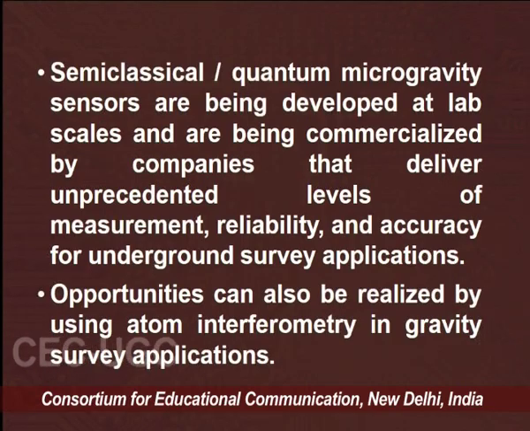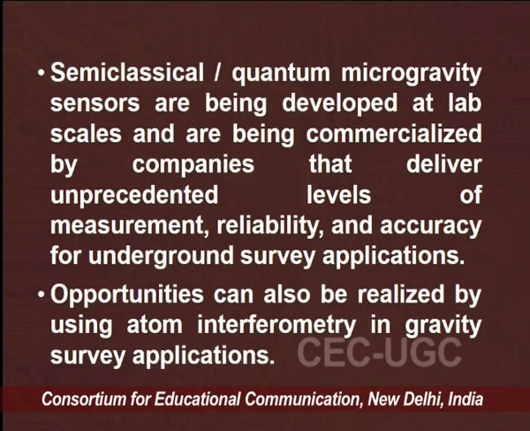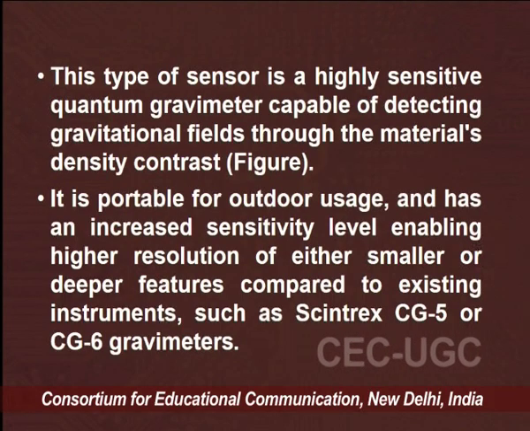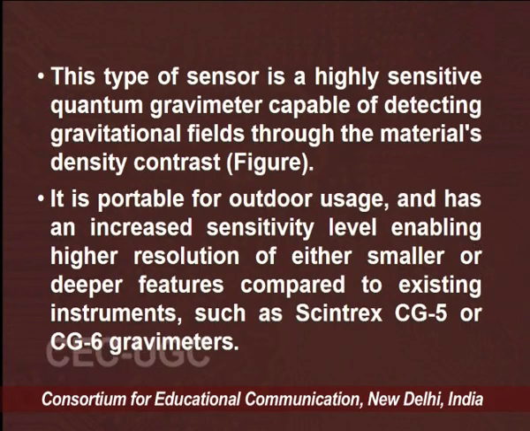Opportunities can also be realized by using atom interferometry in gravity survey applications. This type of sensor is a highly sensitive quantum gravimeter capable of detecting the gravitational field through the material's density contrast.